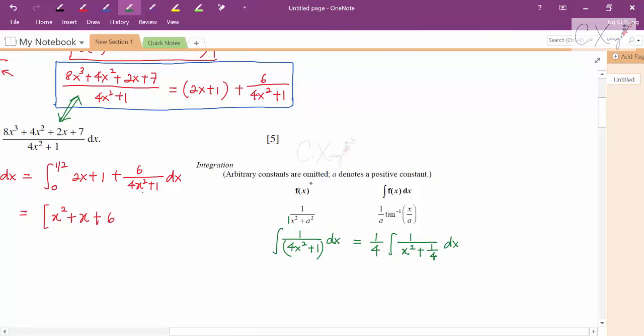Now x squared starts with coefficient 1. Next, I'm going to rephrase it into the pattern of x squared plus a squared. How do I rewrite the 1 over 4 as a squared? The a will be 1 over 2, since 1 over 2 squared is 1 over 4.